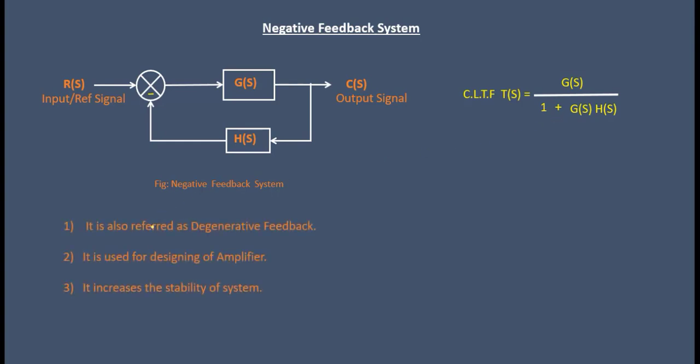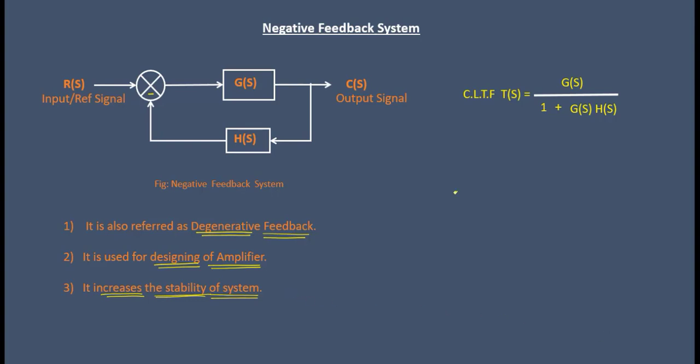So these are some points of the negative feedback system. It is also called degenerative feedback. The negative feedback system is used for designing of amplifiers, and the main advantage of using negative feedback is that the stability of the system increases. So in control systems, we mainly use the negative feedback system.